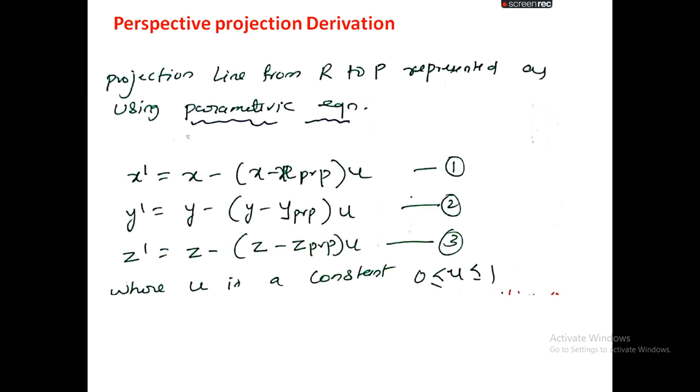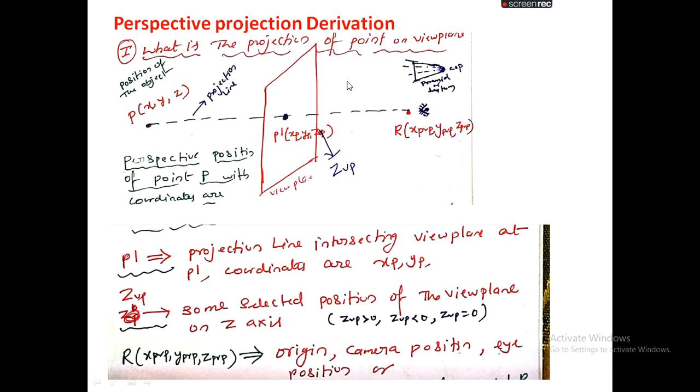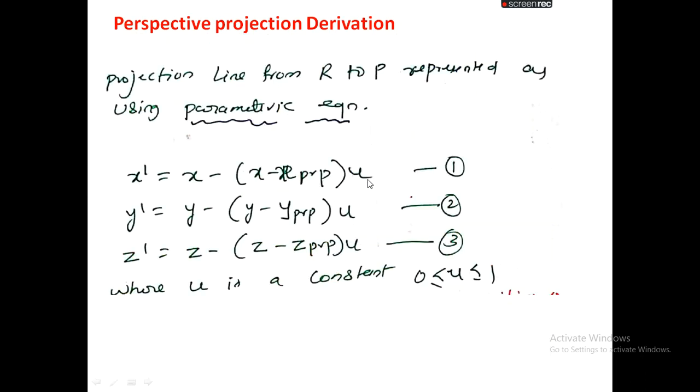Now we are using a parametric equation with respect to the projection line from R to P. R is our projection reference point, and P is our object in space. From the point R to P, we use the parametric equation to determine x dash, y dash and z dash.